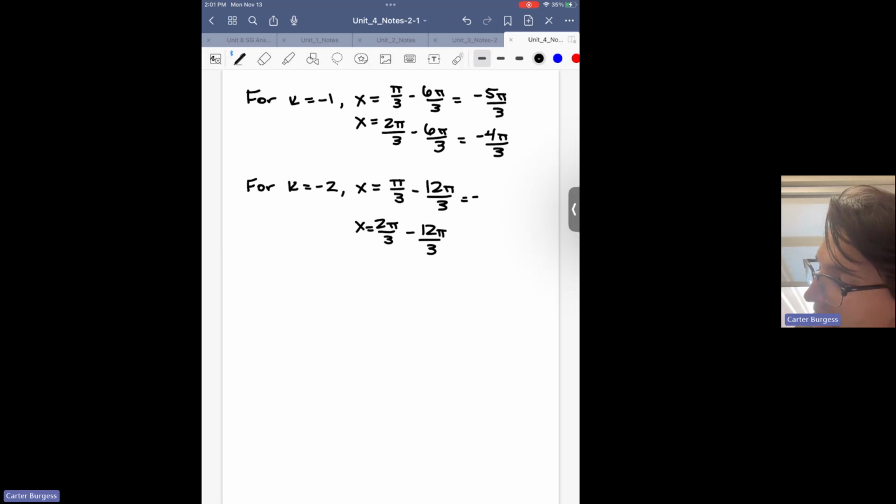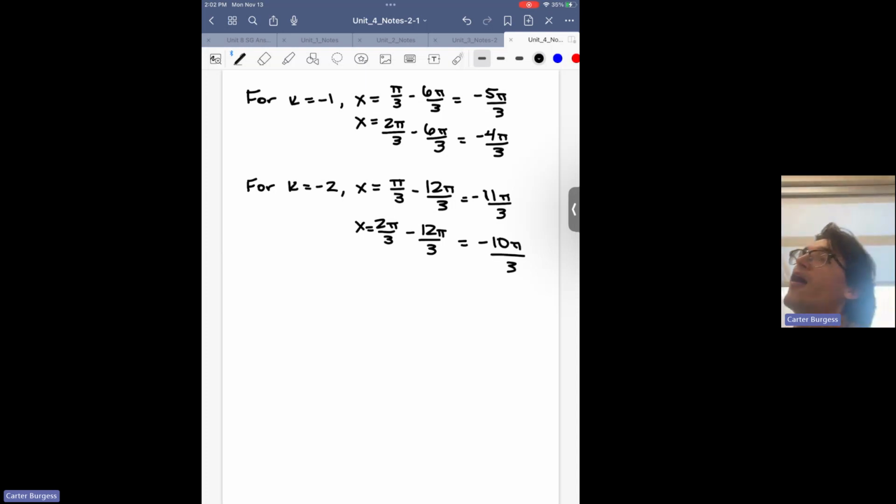I get -11 pi over 3 and -10 pi over 3. Are -10, -11 between -6 and 12? No, they are not. So we do not want to include these. These are outside those constraints. And so the only negative value of k that we need to worry about in this case is -1.